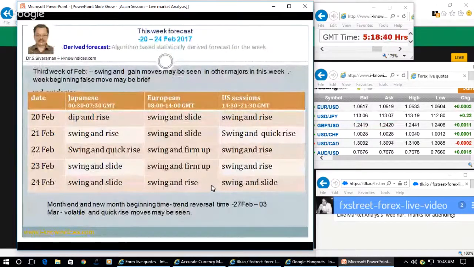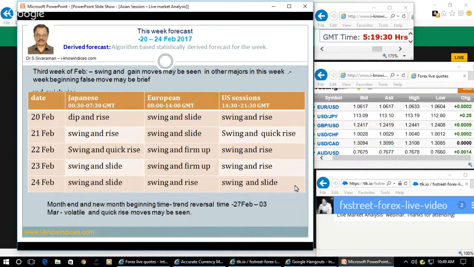I'm just showing the forecast page again. So they could make a gain slide today, a little bit of slide and gain, and tomorrow again a little bit of slide and quick gain, and Wednesday could make an aggressive gain, then make further gains and hold high and book profit on Thursday, and then they will try to make the slide and book profit, buying back against their sells.